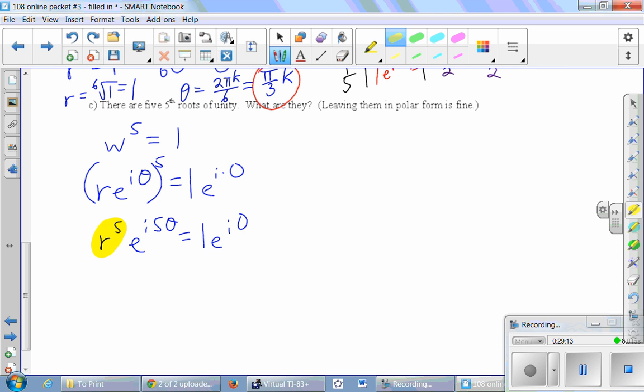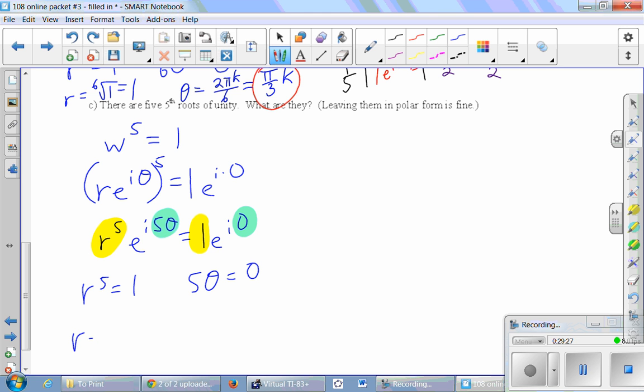Again, we're going to make the stuff in front of the e equal, and we're going to make the stuff next to the i equal. r to the fifth is 1, and 5 theta is 0. Take the fifth root of both sides here. Fifth root of 1 is still 1. This is the part where it's easy to forget to add the 2 pi k, but we need that. And then when we divide by 5, we get 2 pi over 5 times k.